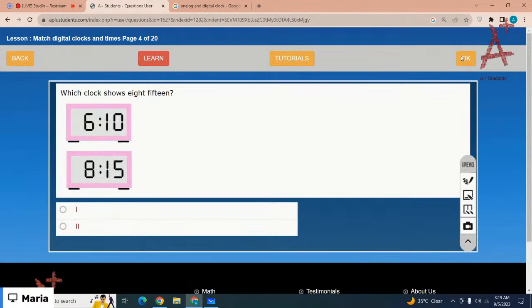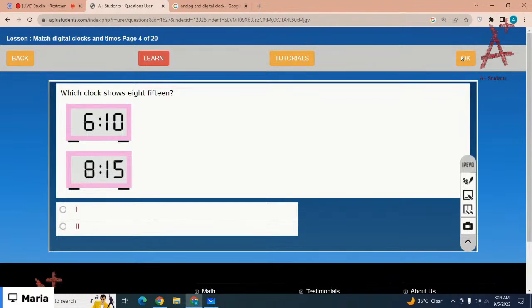Which clock shows 8:15? Which is the correct option? 8:15, 8 hours and 15 minutes.